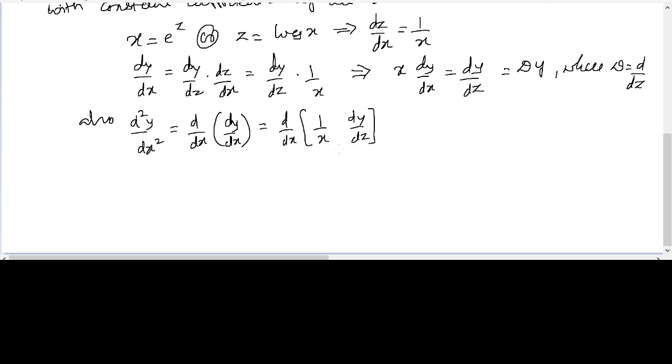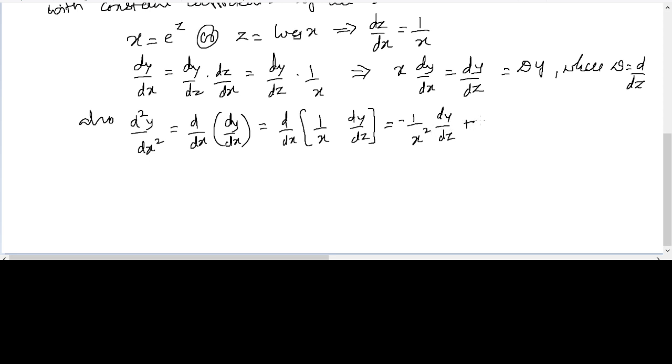This term we need to differentiate with respect to x, so we can apply the product rule: first function into derivative of second plus second function into derivative of first.